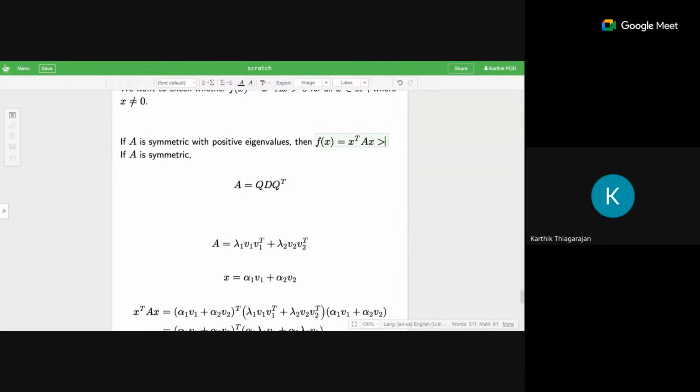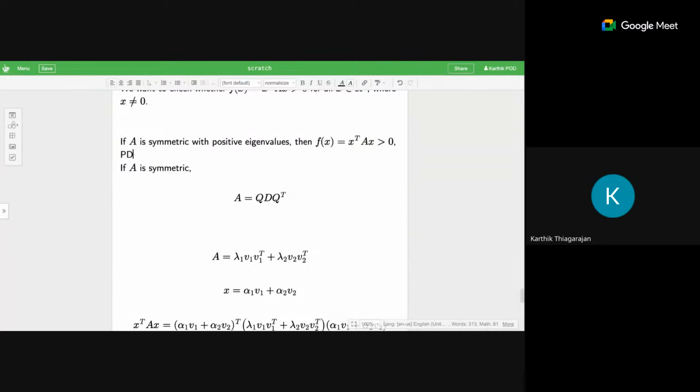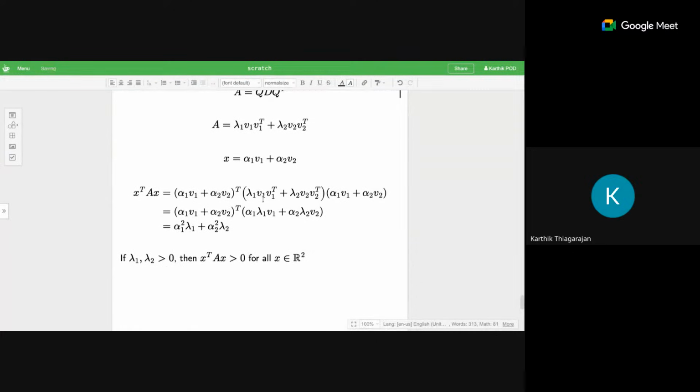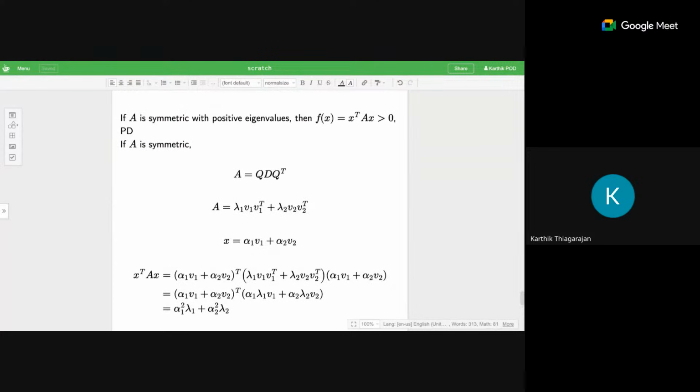So it's always greater than 0. That is what we have shown, and this is one direction. The other direction is very clear: if f of x is positive definite, then the eigenvalues are positive.